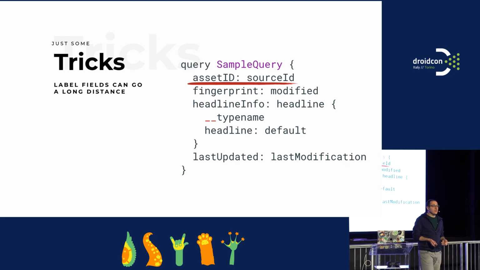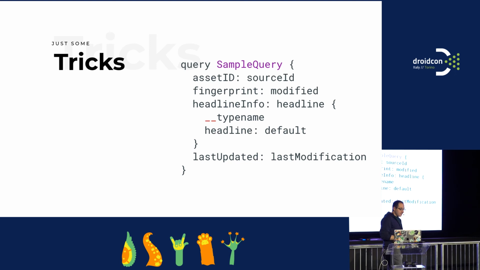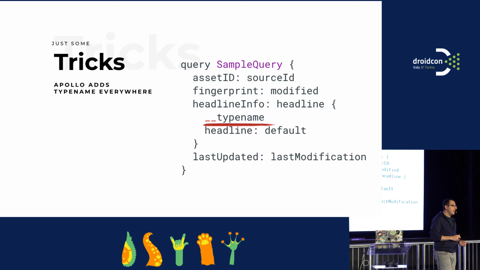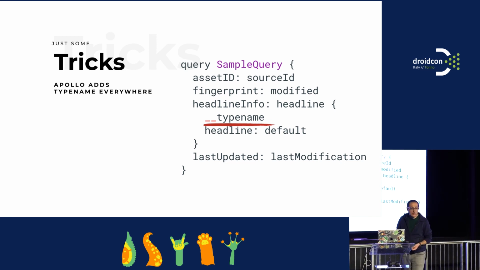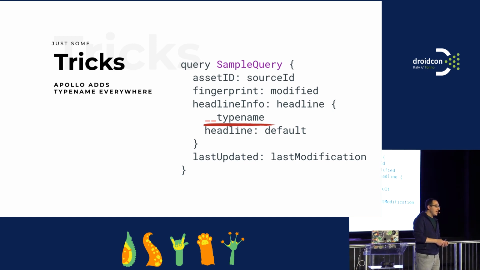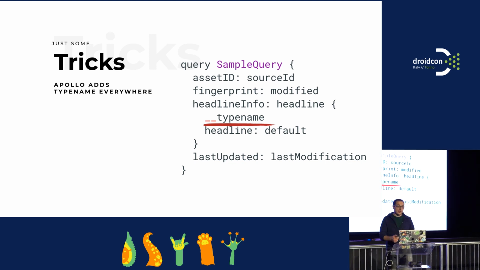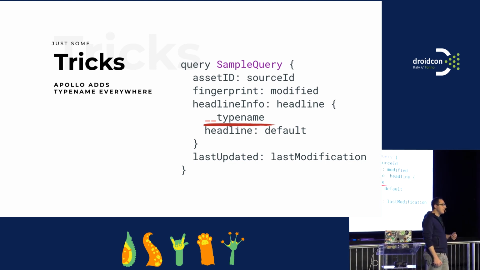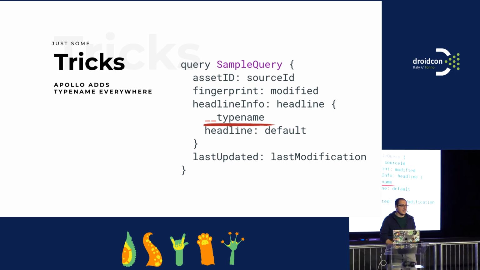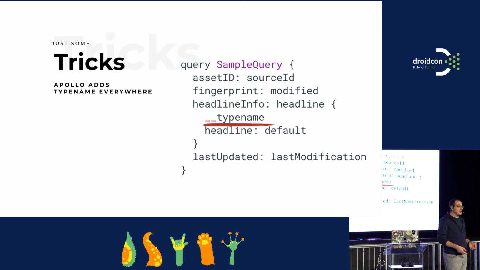Another thing that you really have to keep in mind when you're using Apollo is that this framework adds the type name everywhere. Even if you don't add it in your query, it will be added at compile time, because they need it for marshalling your response and to understand what they actually need to produce. So the trick that we found is to include the type name in every node of our query, so that we could mock the response exactly how it will be executed on Android.